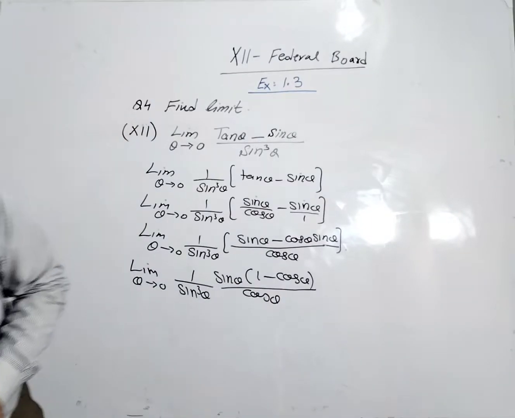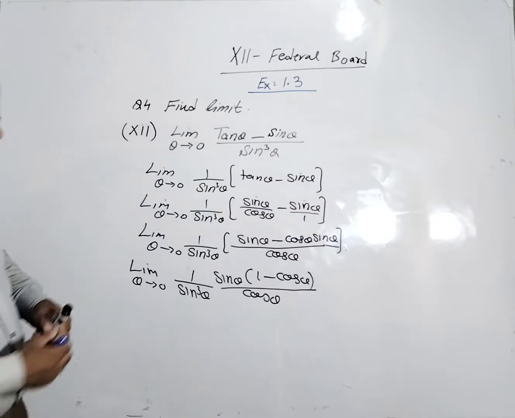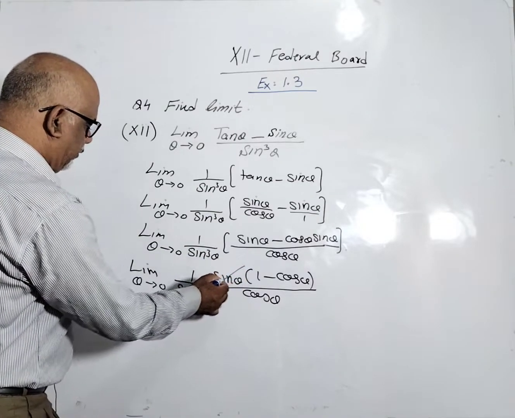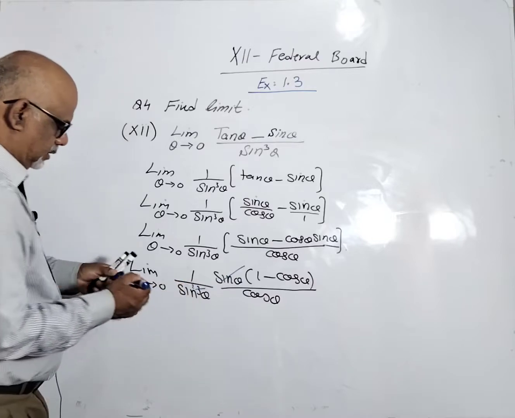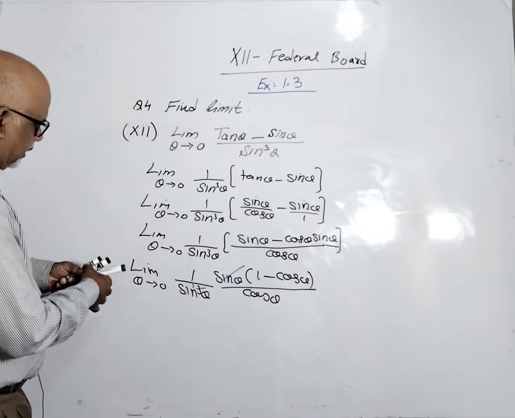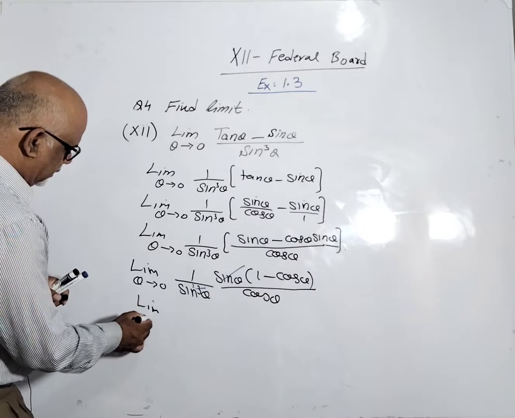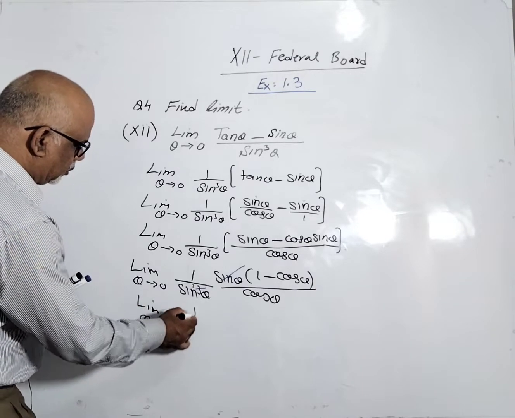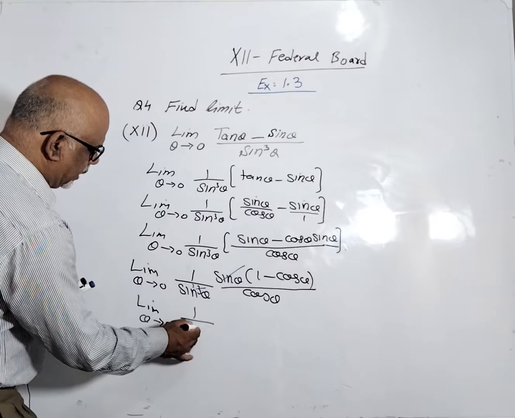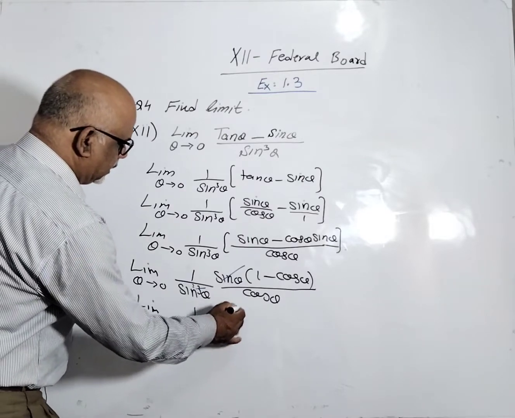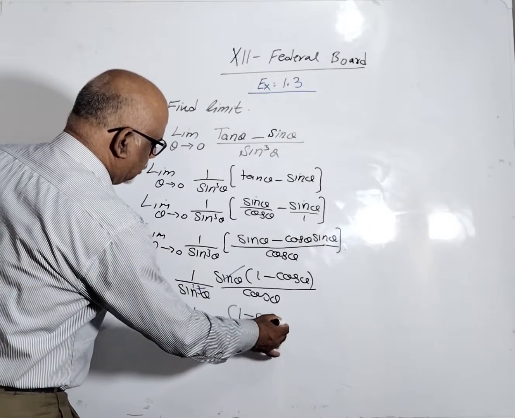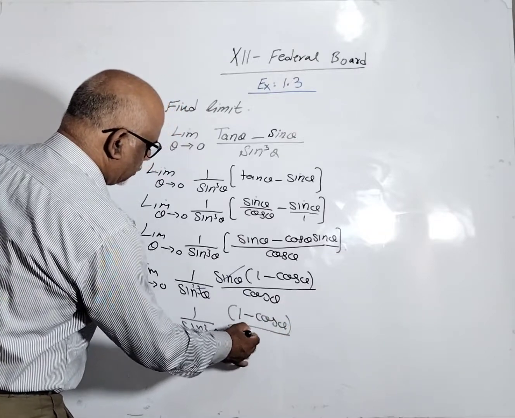So this sin theta, one factor will cancel out, so it becomes sin square theta. Limit theta tends to 0, now it is sin square theta, and this is 1 minus cos theta over cos theta.